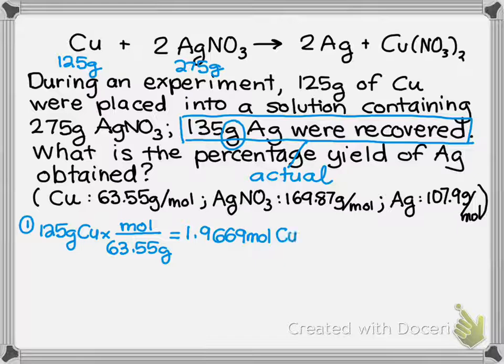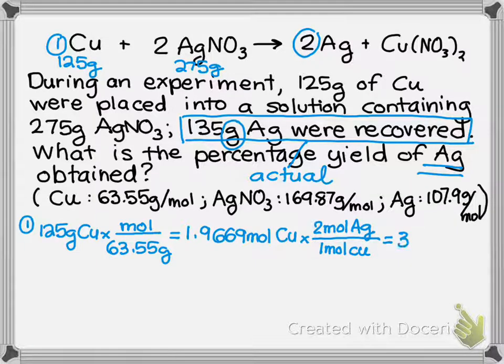Once I have moles of copper, I can multiply by the mole ratio. Now I'm trying to figure out the percent yield of silver. So silver has a 2, that's what I'm looking for, and copper has a 1. If I multiply by 2 and divide by 1, I get 3.933. I'm not really worried about rounding at this point.